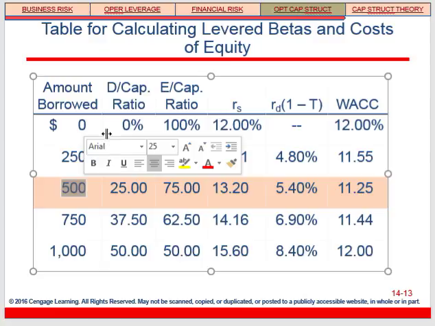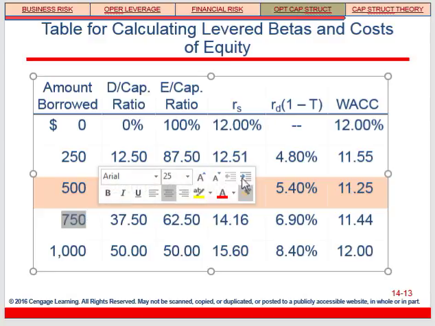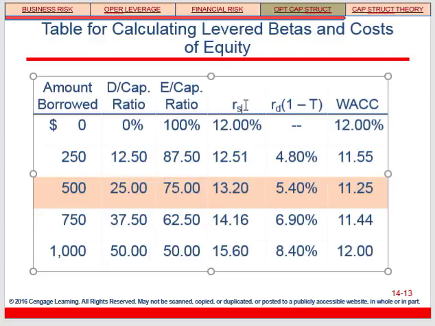Same is true if we borrow even more. The weighted average cost of capital drops to 11.25. And then after that point, both the return on stock as well as the return on debt are increasing so fast after borrowing more, that the weighted average cost of capital starts increasing again.